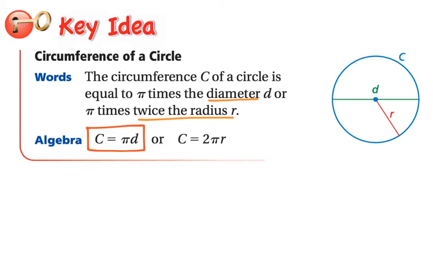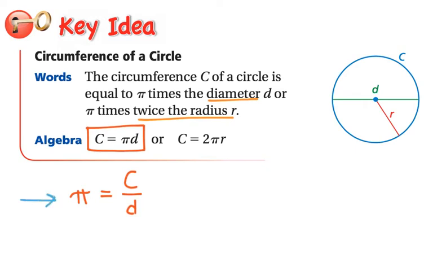A few moments ago, we described pi as being equal to a circle's circumference divided by diameter. Now, these two equations should look similar. They have a lot of the same variables and parts, but how are they connected to each other?